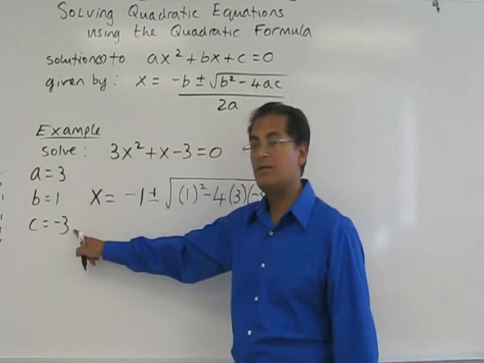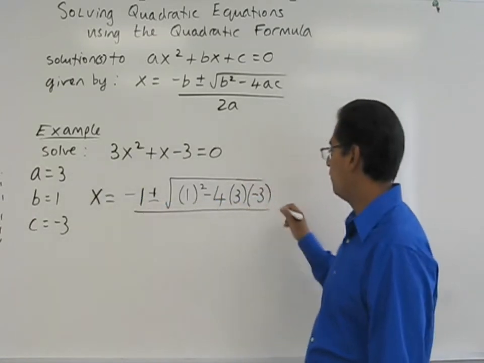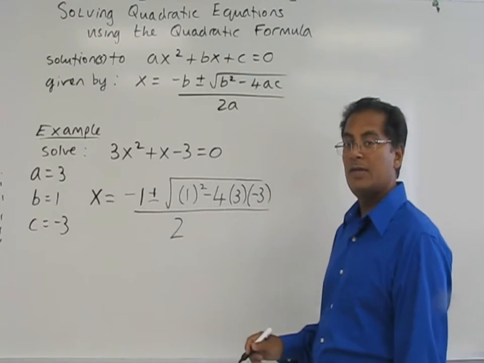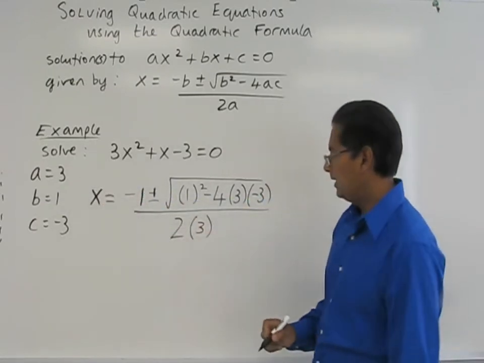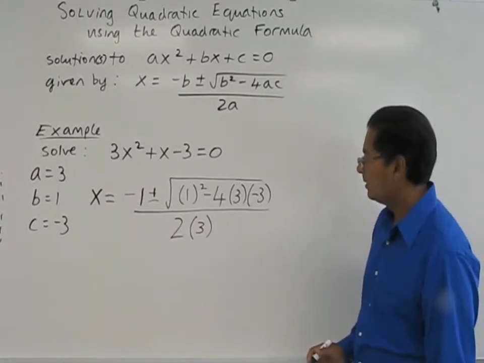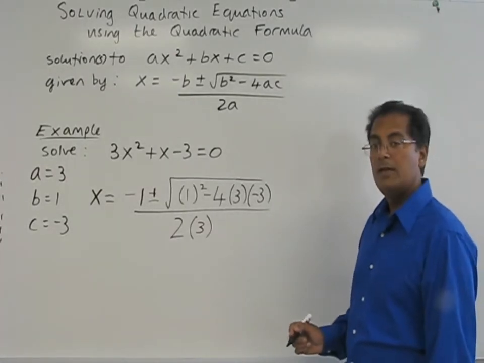So 4 times 3 times negative 3, all over 2 times a. What is a again? A is 3, so 2 times 3.